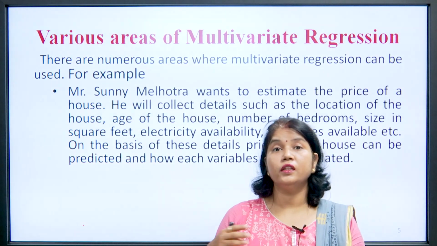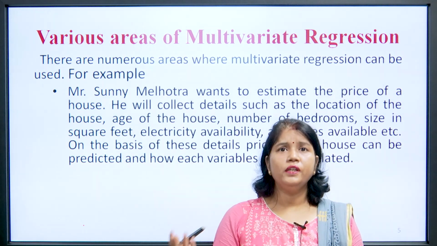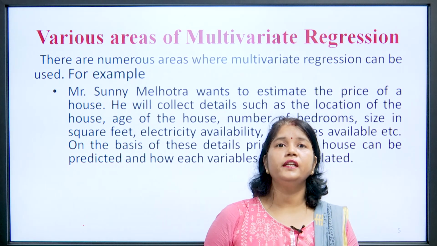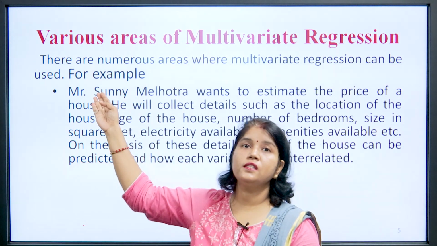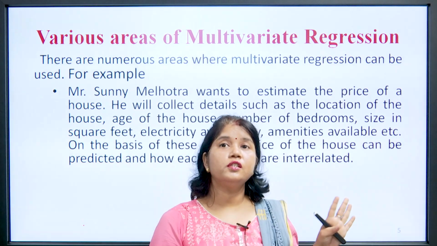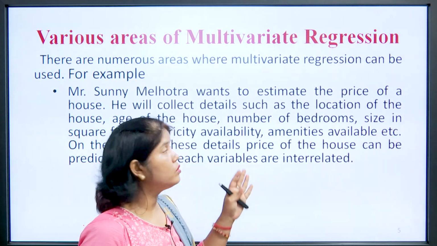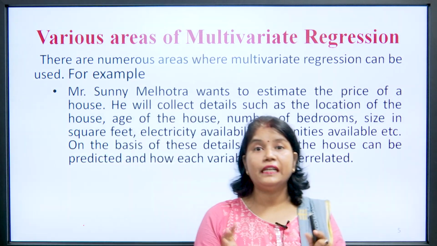So, what are the various areas where multivariate regression will come? So many areas. One of the areas: suppose some third person, some XYZ, wants to estimate the price of a house. What will he do? He will collect details.